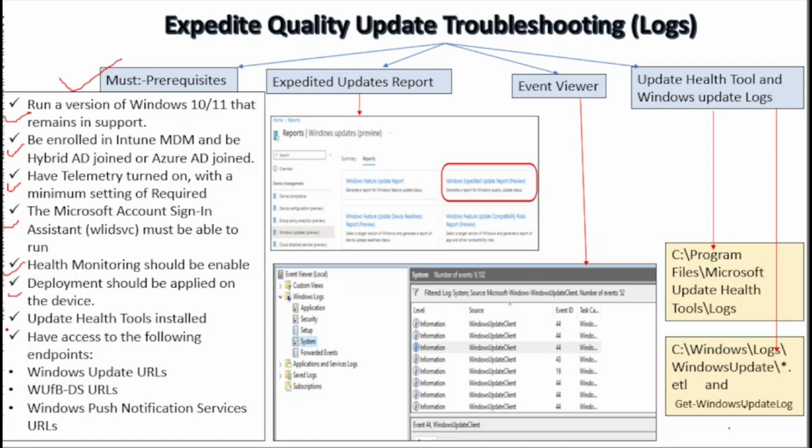We should also ensure that the Windows Update health tool is installed on the device, and the device should have access to the following URLs: Windows Update URLs, Windows Update for Business DS URLs, and the Windows push notification URLs.